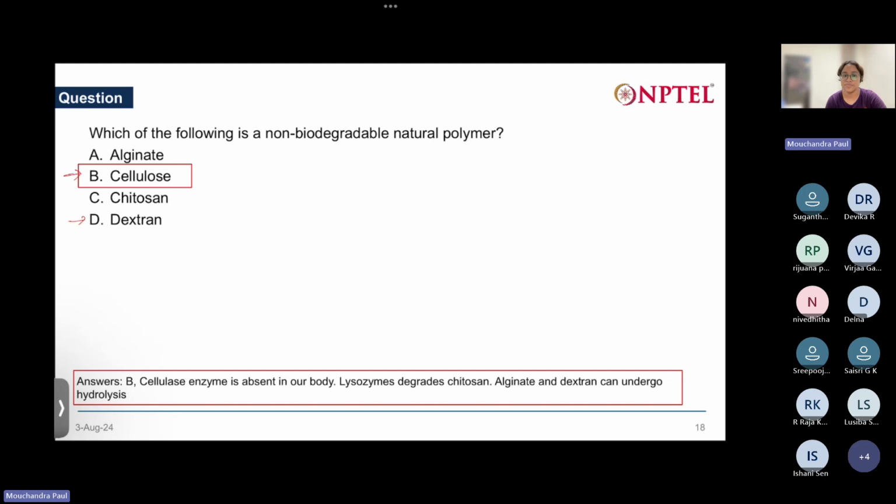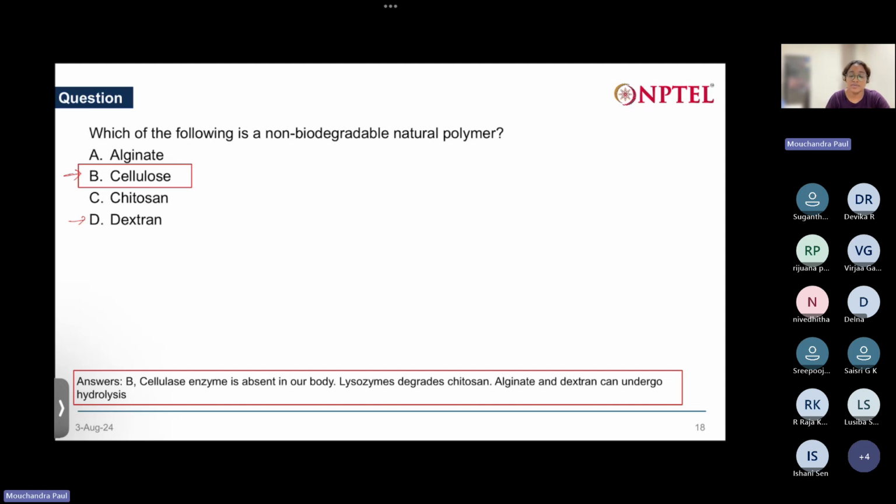That is called biodegradation. So we have to think about what chemicals and enzymes are in your body, and whether the physiological environment, the pH and temperature, contributes to breakdown or degradation.